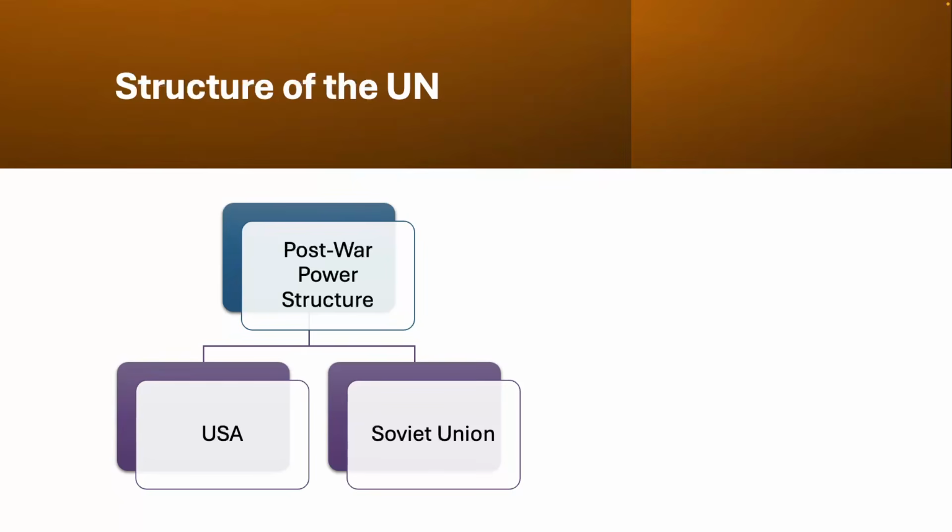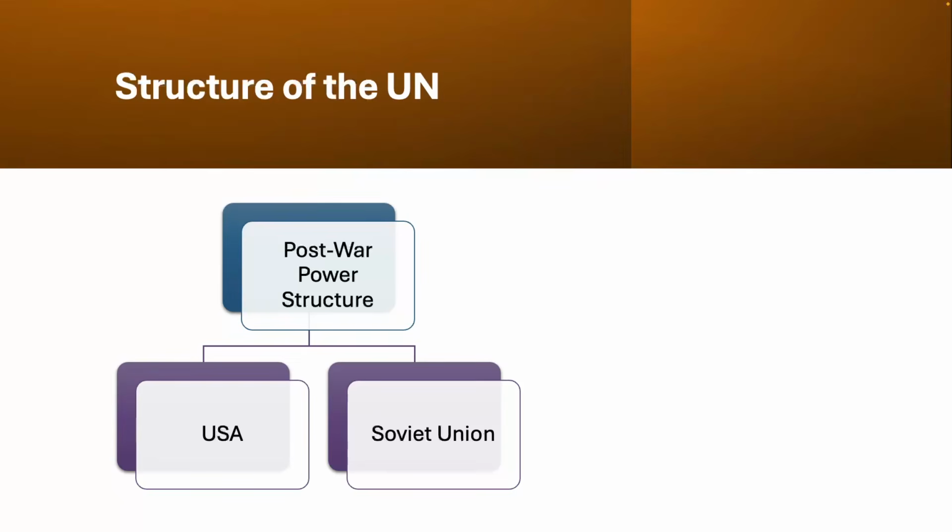You also see the independence and the partition of India and Pakistan in 1947. We then start to see the gradual decolonization of various other parts of Africa, East Asia, and Central Asia throughout the 1940s, 1950s, 1960s, and the 1970s, in fact.